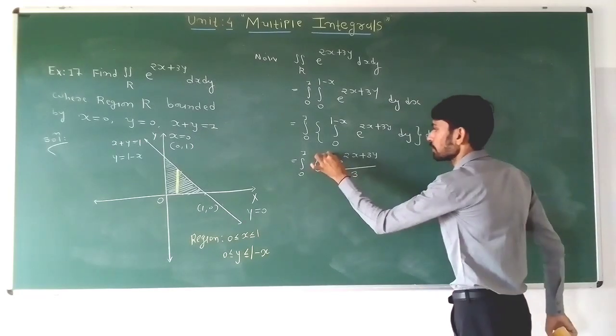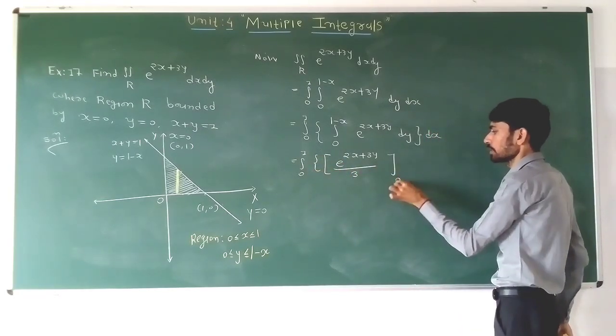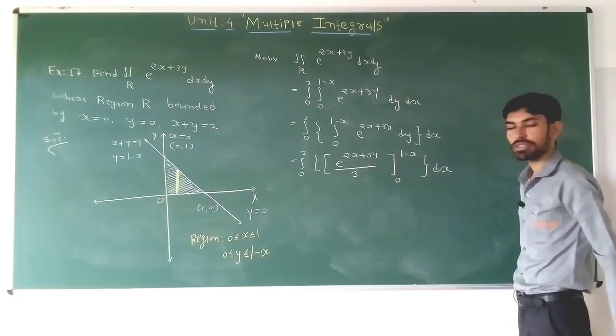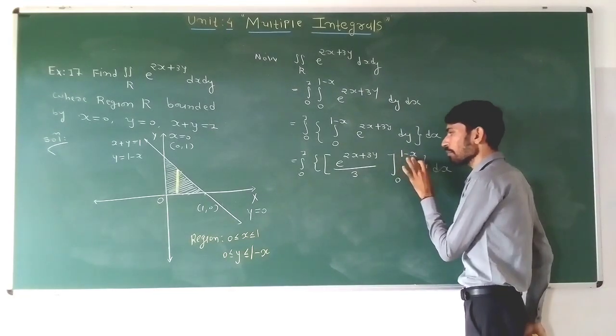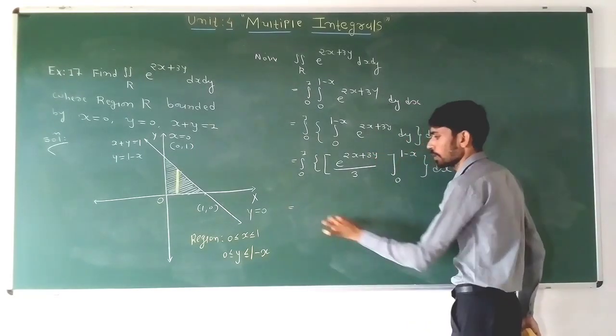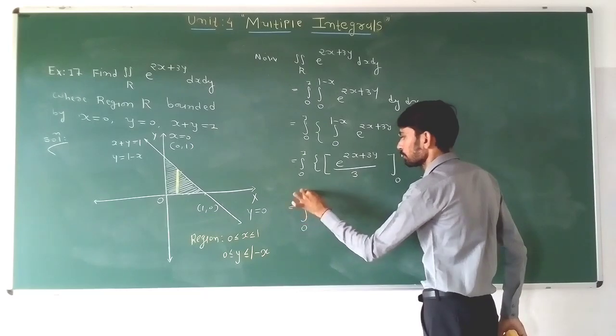And our limit is 0 to 1 minus x, into dx. Now we substitute the limit 1 minus x in place of y. So integration 0 to 1.